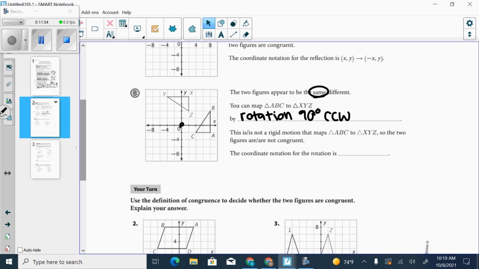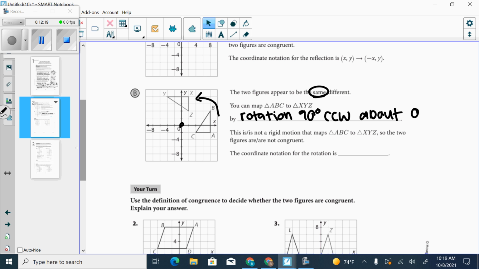It says we're mapping ABC to XYZ, and it must have been rotated around the origin for it to end up there.